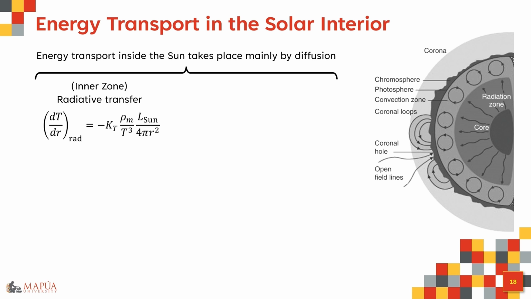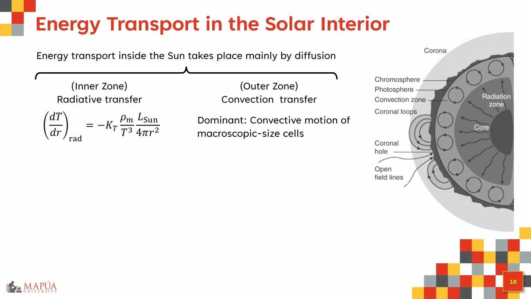Now for the outer zone where convection happens, the dominant process is convective motion of macroscopic size cells. What does it mean? It means that large parcels of plasma are moving up and down in a convection cell. Material from the inside of the sun goes out to the surface, and then some of the material goes back inside through a convection process.